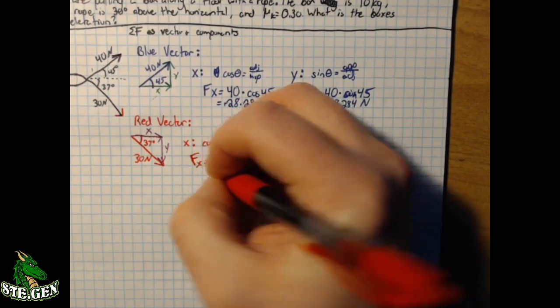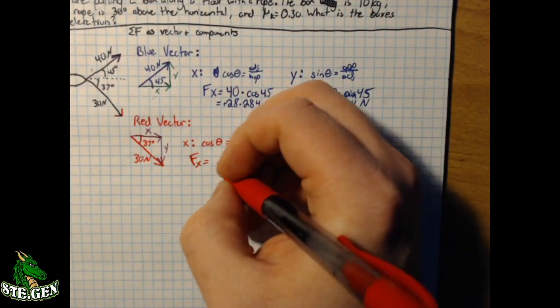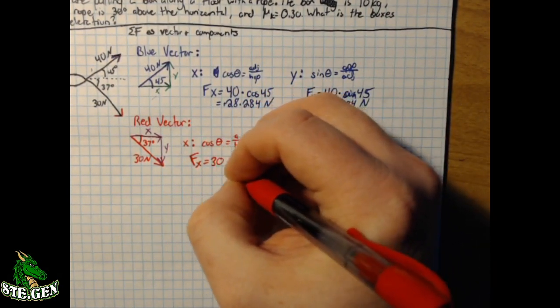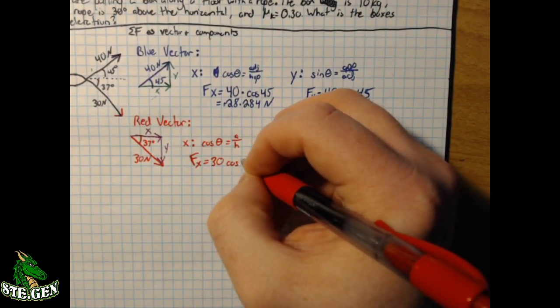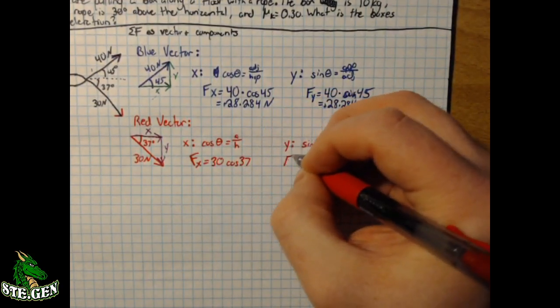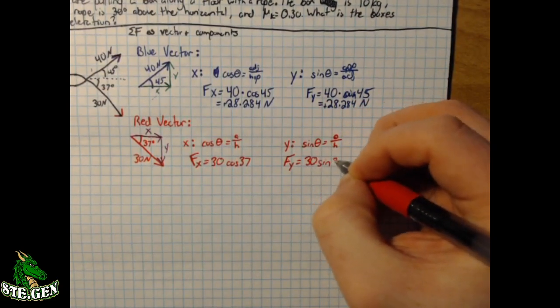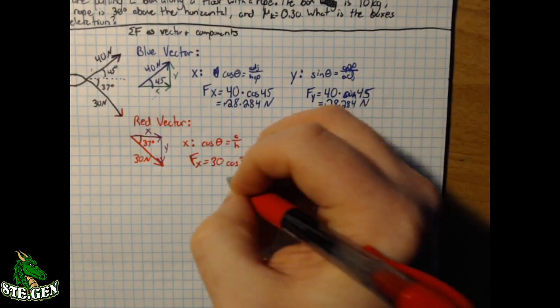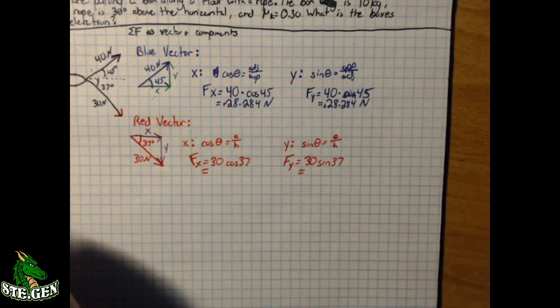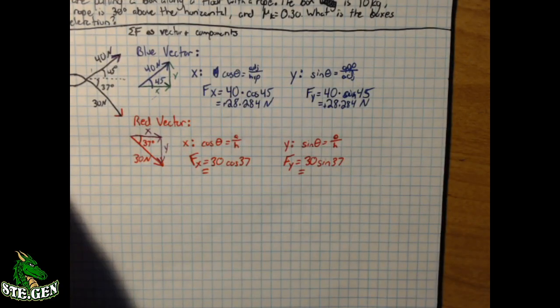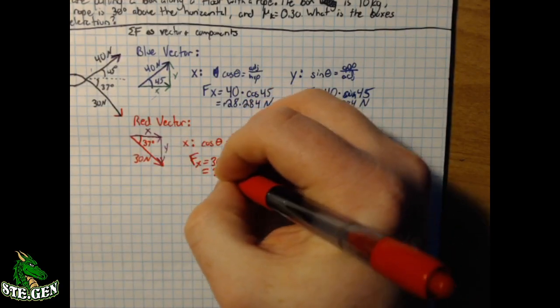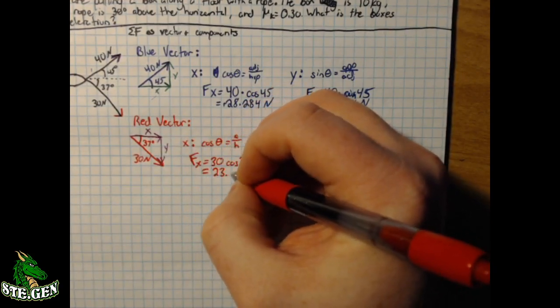So the force in the x direction is therefore going to be equal to 30 cosine 37. The force in the y direction is going to be equal to 30 sine 37. See, 30 cosine 37, I got 23.959.